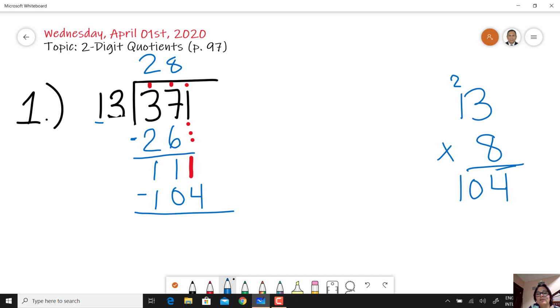Can you say 1 minus 4? No, right? So this number will lend a unit to number 1, so number 1 becomes 11 and this number becomes 0. So 11 minus 4, okay, so it's 7, and 0 minus 0, 0, and 1 minus 1, 1.